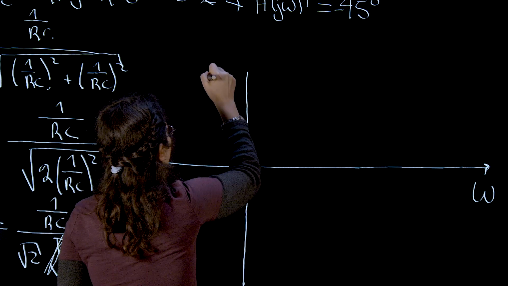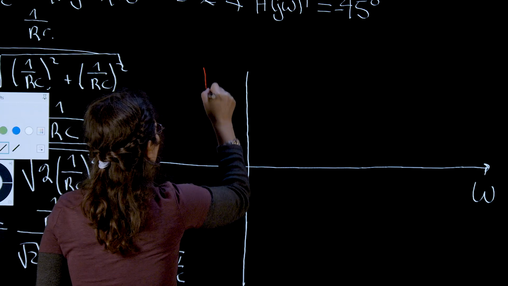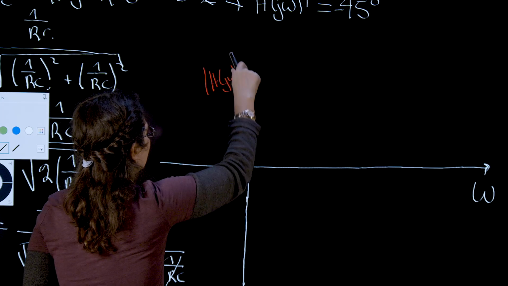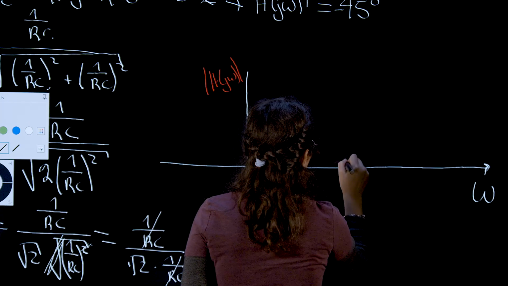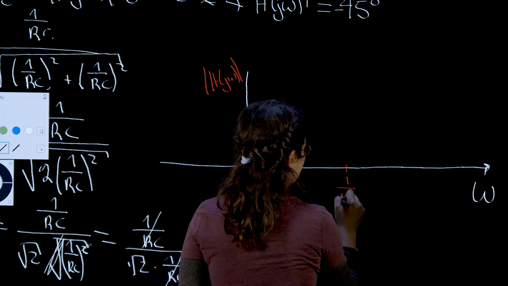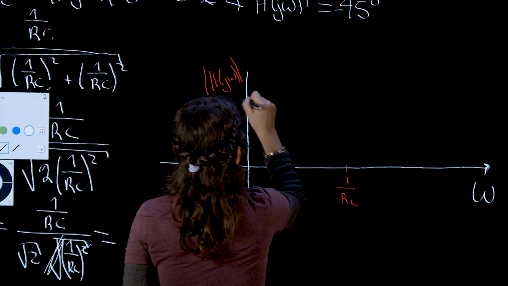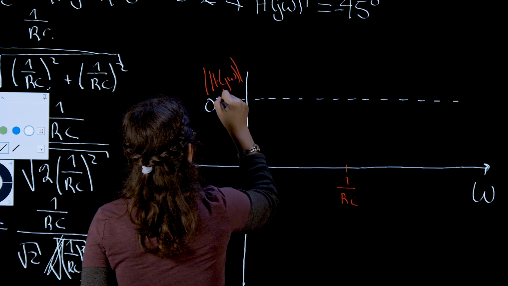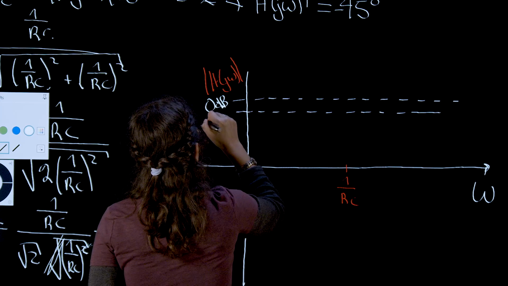And in another color, red, the magnitude of my transfer function will look like this. At my special frequency, 1 over RC, I have minus 3 dBs. So I'm going to put here that's 0 dBs, and here minus 3 dBs.